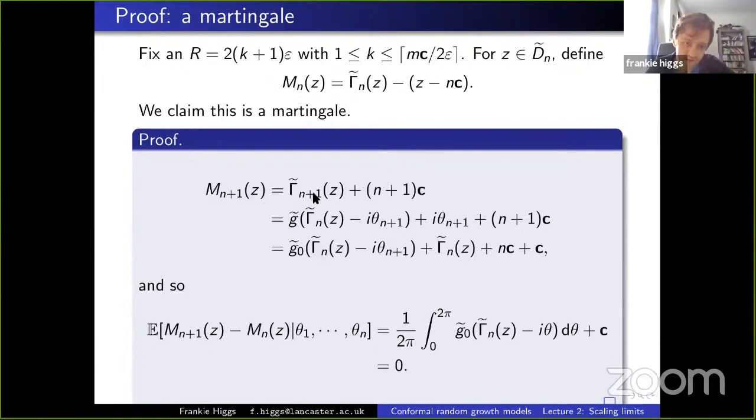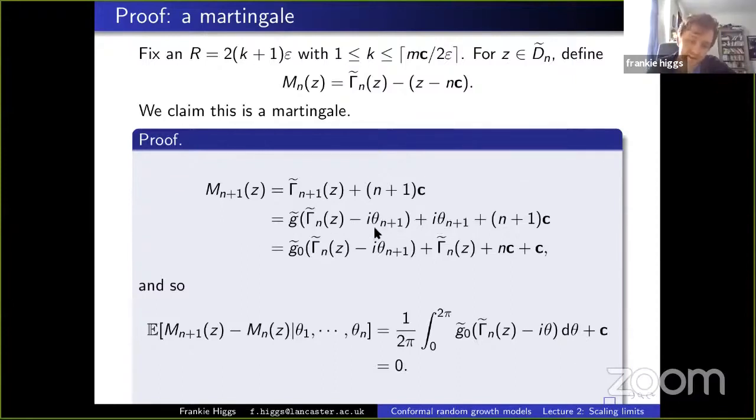So M_n, it's gamma n plus 1 plus this. Have I forgotten something? Yeah, there should be minus z somewhere here. But that's all right, because when we subtract off M_n z, it's going to disappear too. Well, we get to gamma n plus 1 by applying g_{n+1} for the n plus 1th particle.